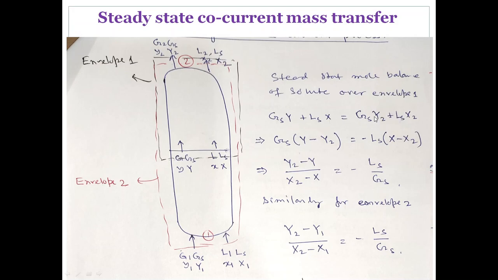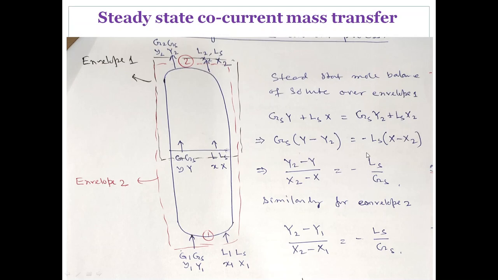Now if you take this minus this, keeping G_S with Y and L_S with X, the negative sign comes: Y2 minus Y over X2 minus X equals minus L_S by G_S.